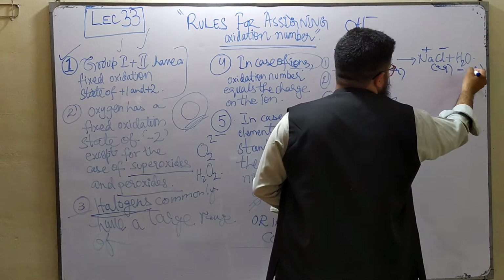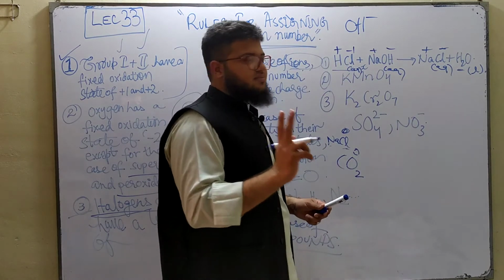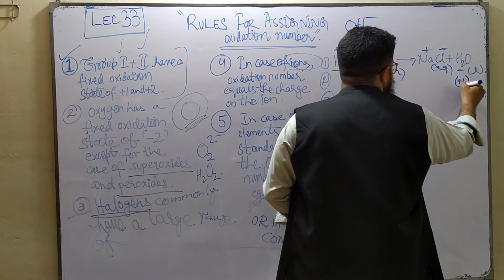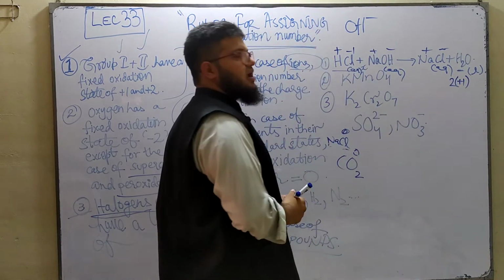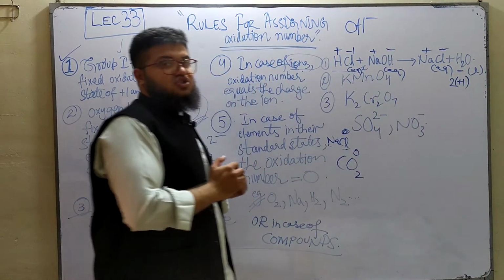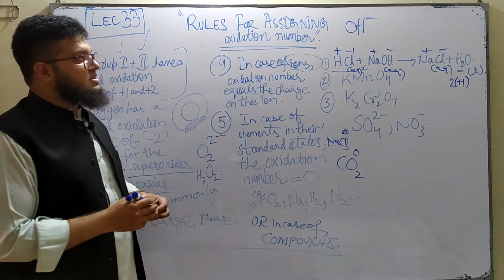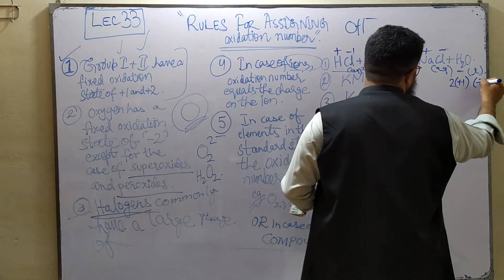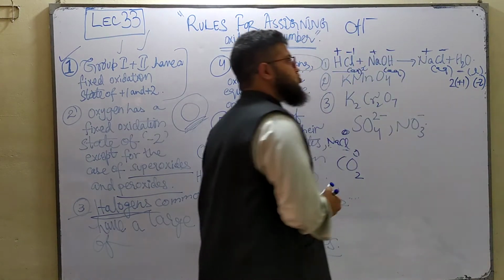You've got 2 hydrogen atoms over here, right? Each hydrogen atom has a charge of +1, but since there are 2 hydrogen atoms, you are going to multiply it by 2. And oxygen, since it's not elemental oxygen, rather it's in a bonded form, will have a charge of -2. So +2 and -2.